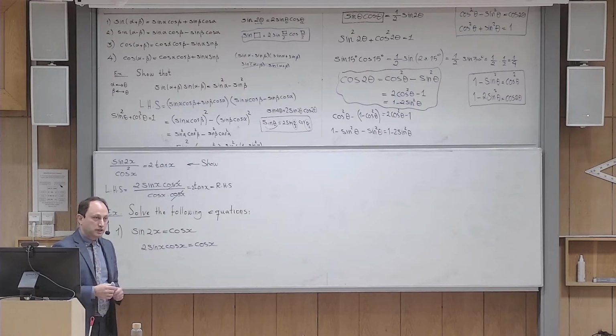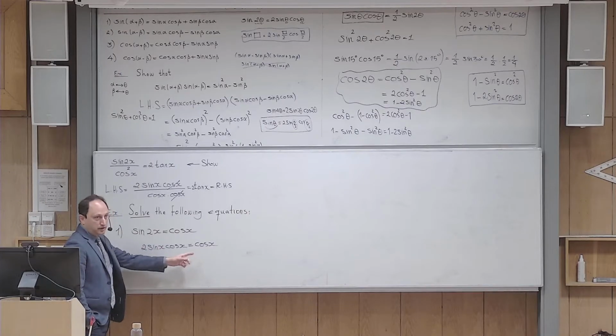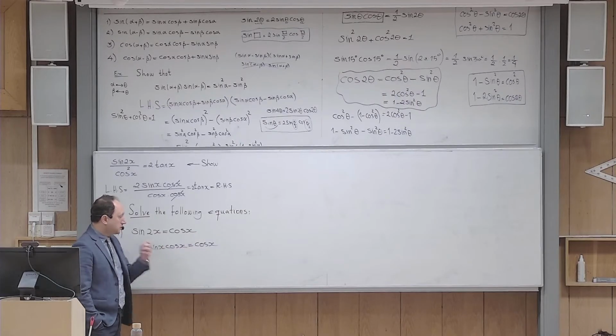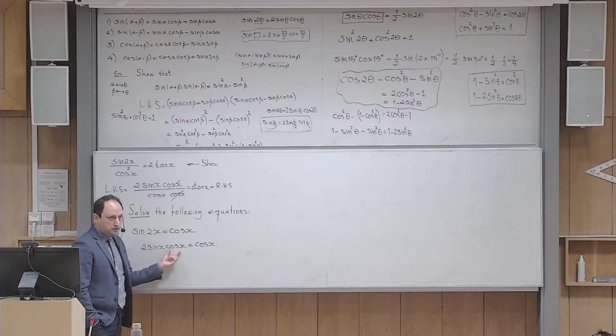Okay, how many of you agree with that? You divide by cosine. But that is a delicate problem. I want you to remember this one now. I am not allowed to divide because you know that you are not allowed to divide by 0. So if you say, okay, I divide by cosine, it means that you should have a guarantee that cosine is not 0.